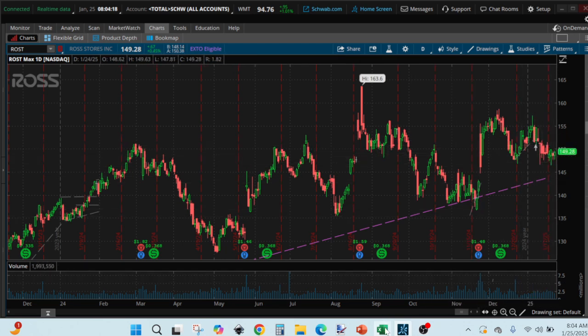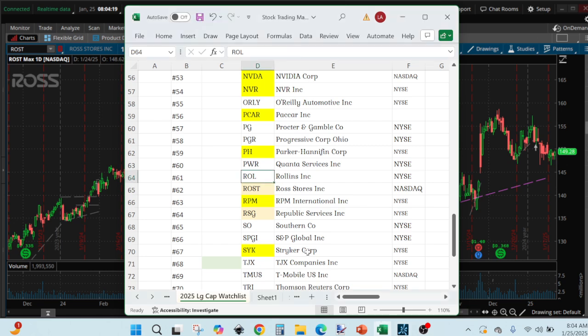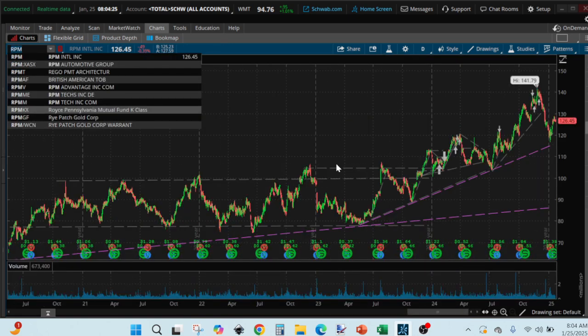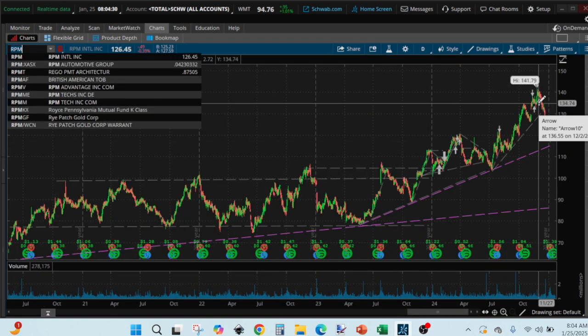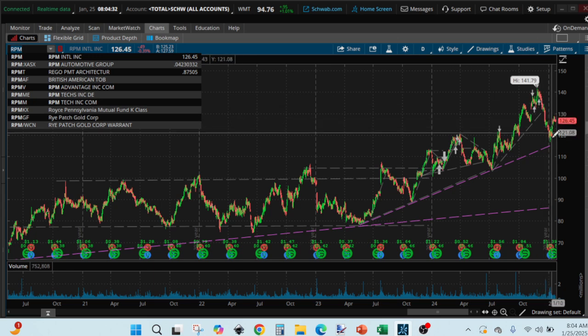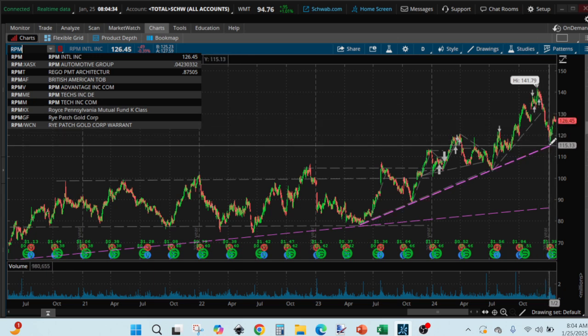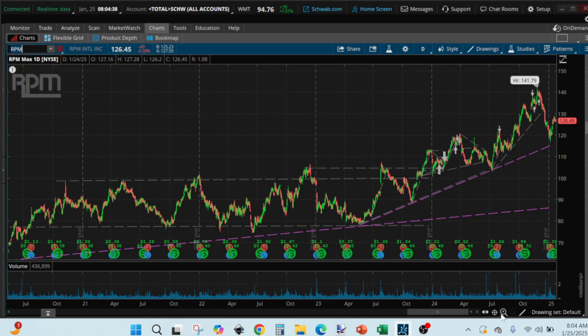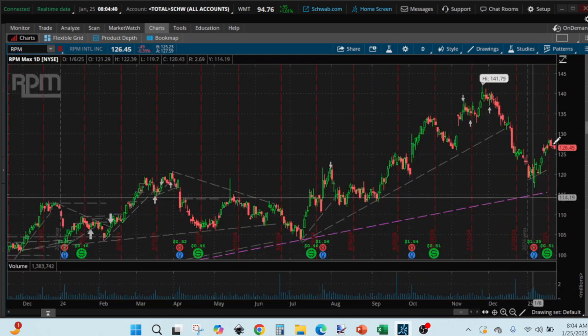So right now the price is lower than where we bought it. RPM we purchased in 2024 and the price dropped. So we bought it at the top and it pulled back to the trend line and started going up, but we didn't want to buy more, so we are just waiting to sell that one.